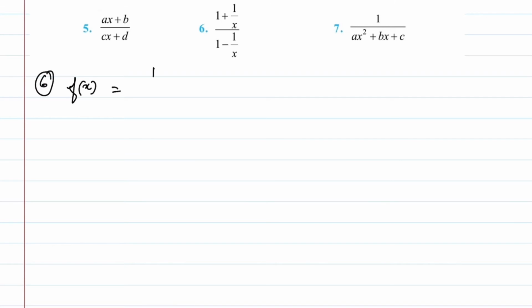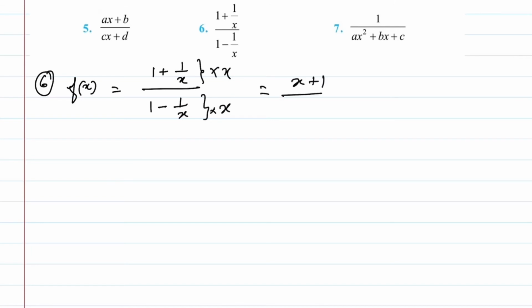So here the function is (1 plus 1 by x) by (1 minus 1 by x). So here you can see, before differentiating you can simplify here. If you multiply both the numerator and denominator by x, then what will happen?